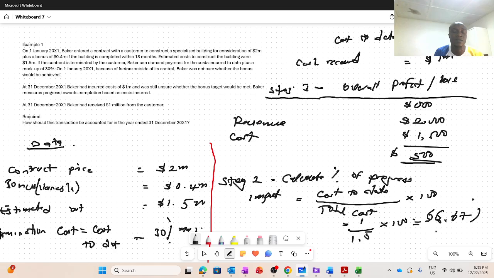So simple. Finally, we are going to look at the amount that we are going to recognize in the statement of profit or loss, and whether there's a contract asset or contract liability.